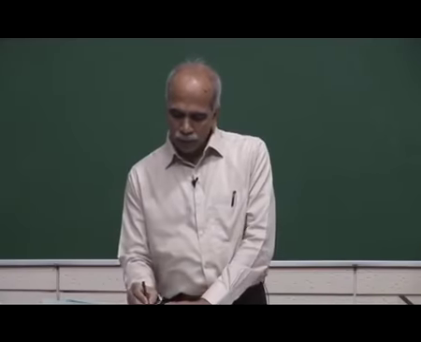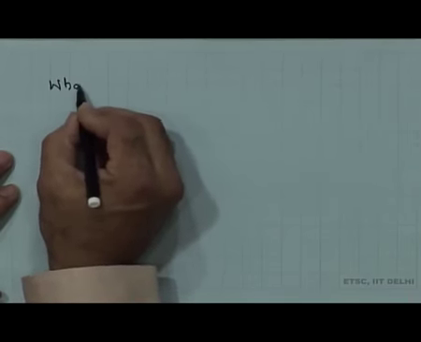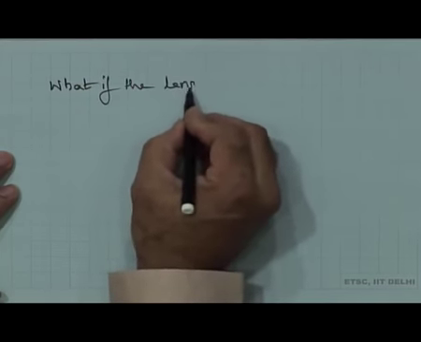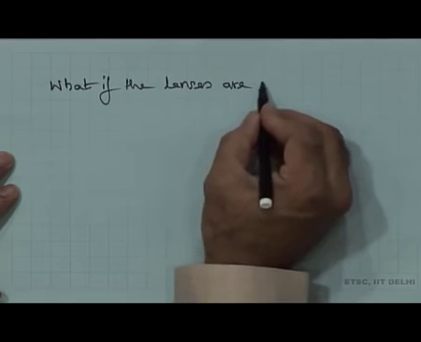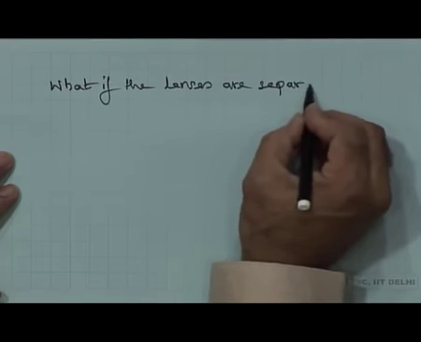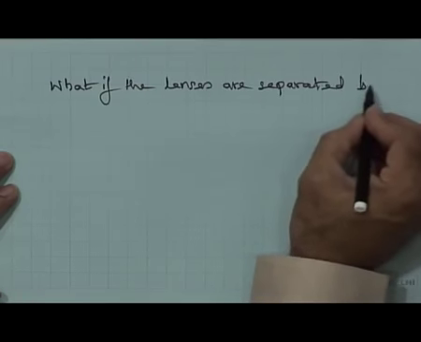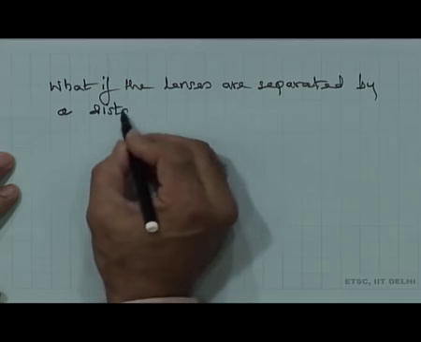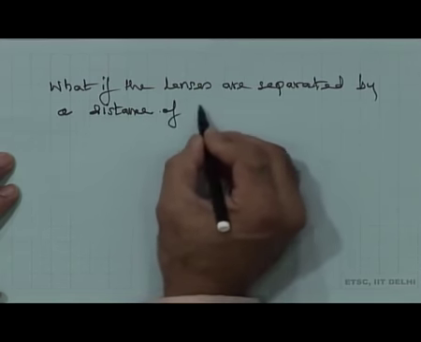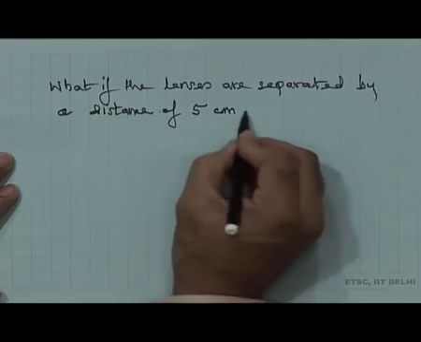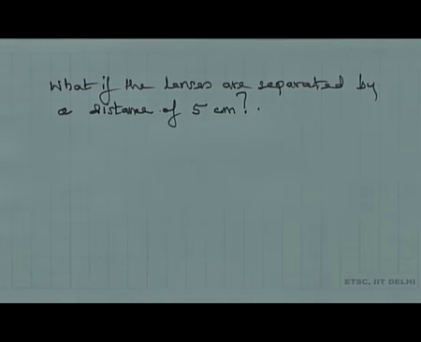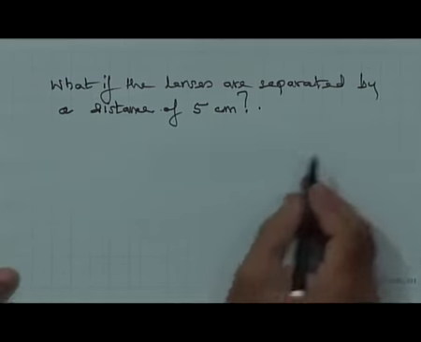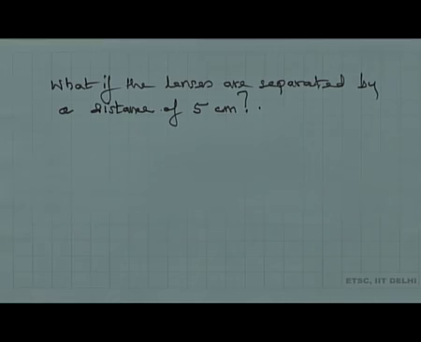What if the lenses are separated by a distance of 5 centimeter, so they are not in contact anymore? The same principles have to be worked out. One could work this out, and I could give you the answer here.